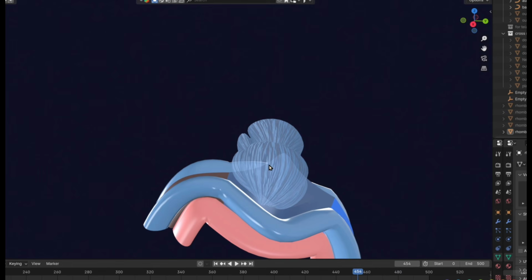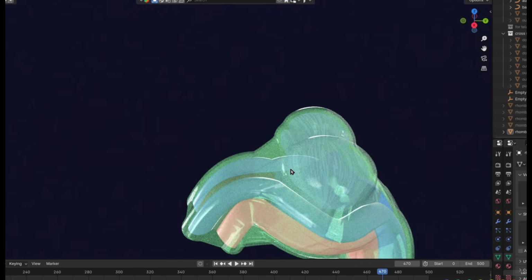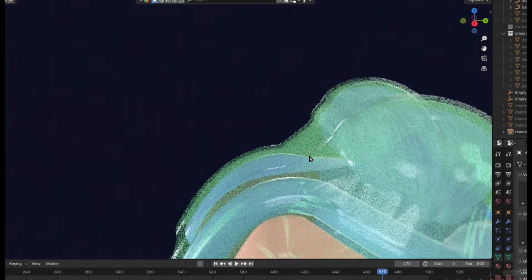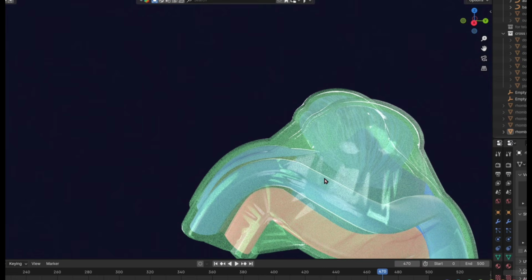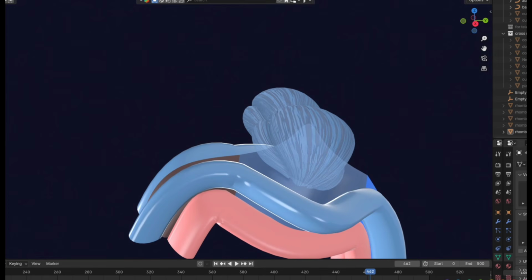So finally, if I put this pia mater outside here, I want to explain something important to you. If I first hide it, you see here is this part of the roof plate, and here is also this part of the roof plate.